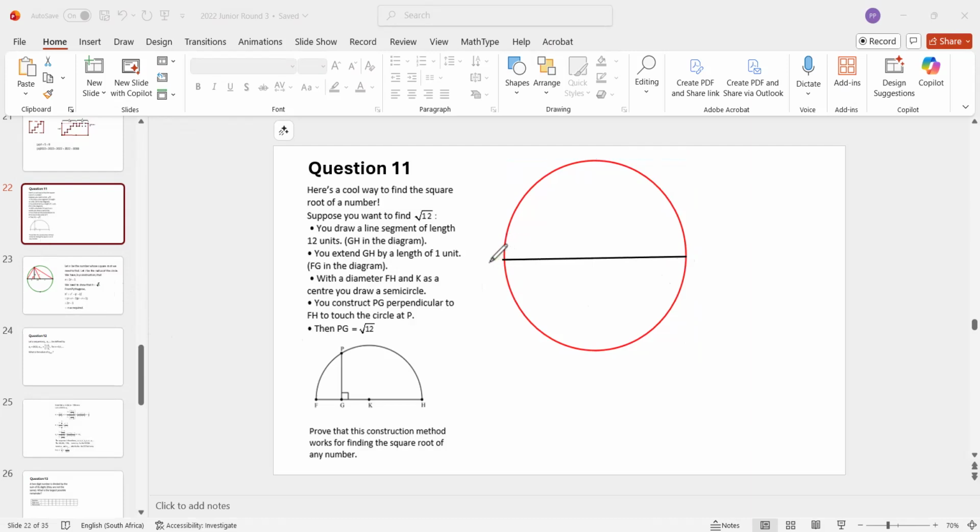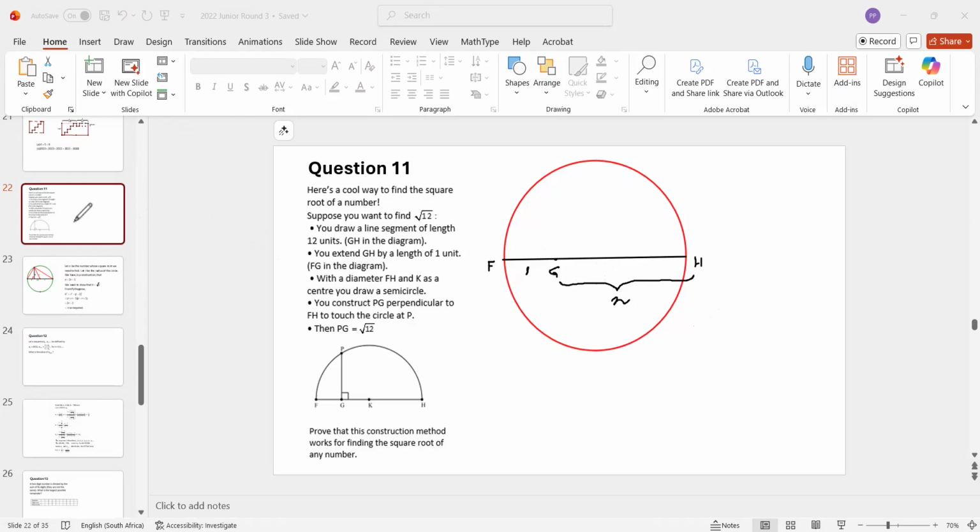So we say that this is F and this is H, and we said that GH, now this GH was in that description, it was 12, but now we will say let it be any number n. Let's call it n, right? But FG is 1.